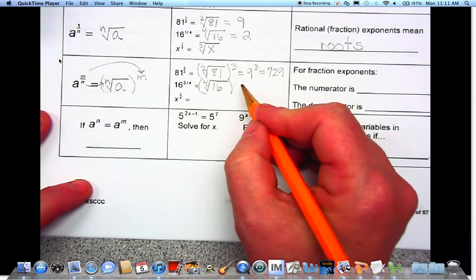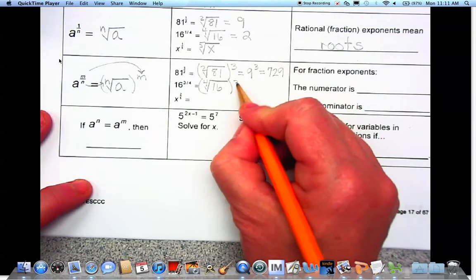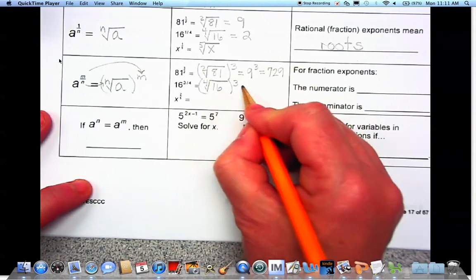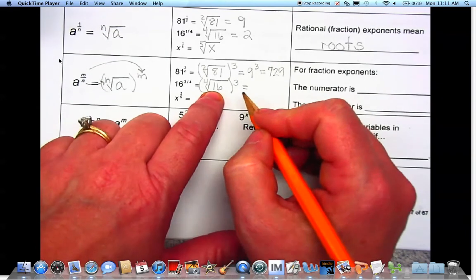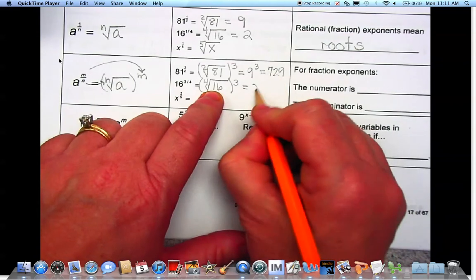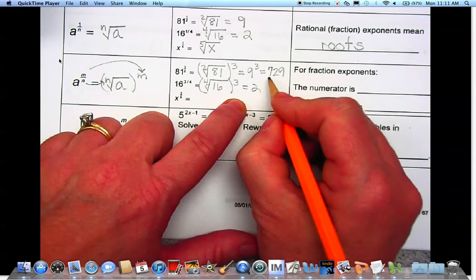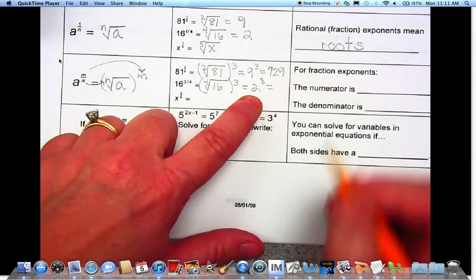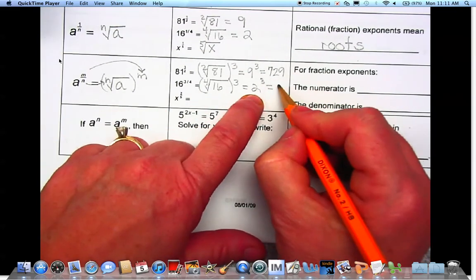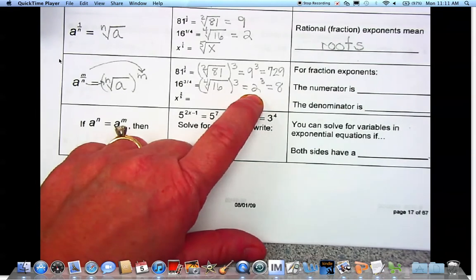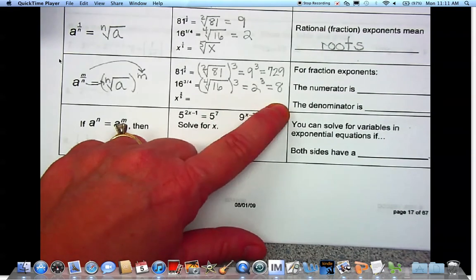And then, what's the power? The 3rd. The 4th root of 16 would be 2, because 2 times 2 times 2 times 2 is 16. So 2 to the 3rd. 2 times 2 is 4 times 2 is 8. So that's 8.